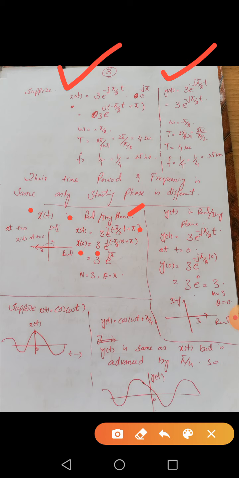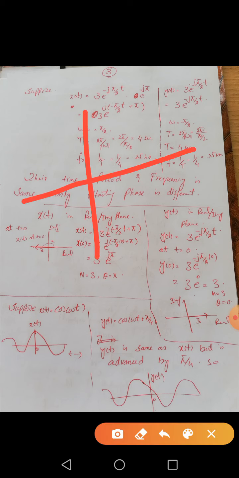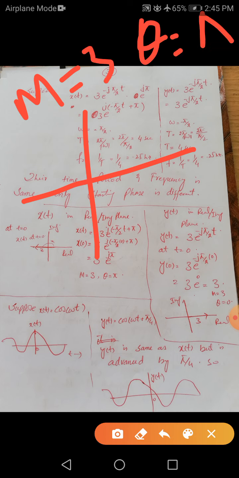So here instead of t we will have 0 plus pi, so 3 e power j pi. Here, if you see, magnitude is equal to 3 and theta is equal to pi, so at t equal to 0, x of t has an amplitude of 3 and an angle of pi. So we can plot it like this: m is equal to 3 and theta is equal to pi.